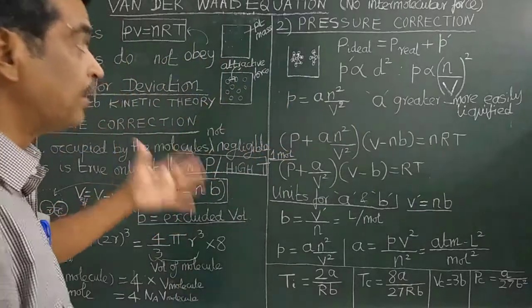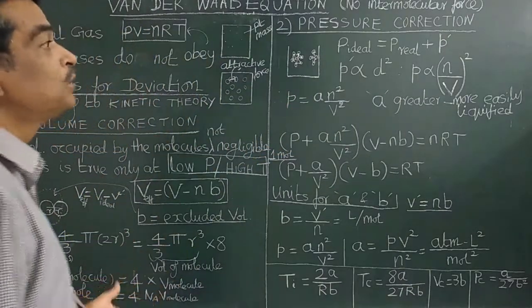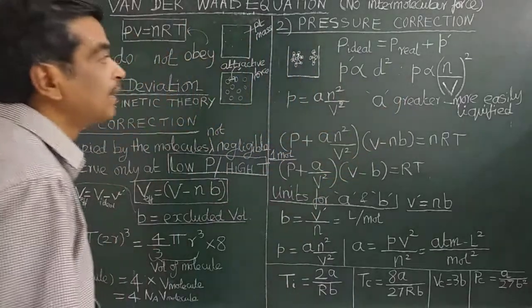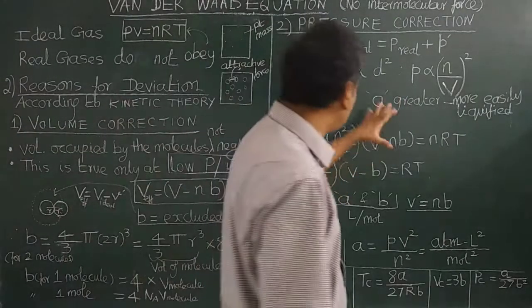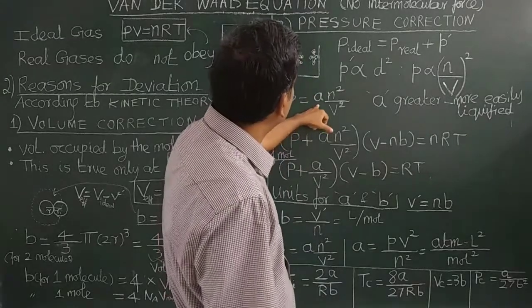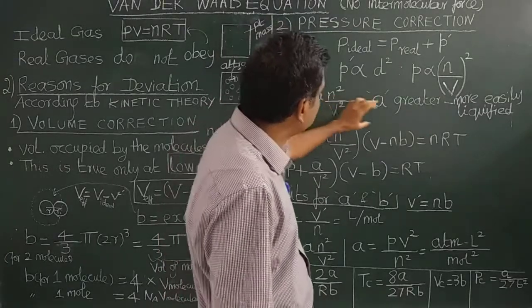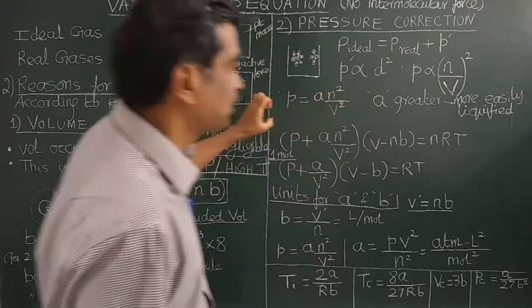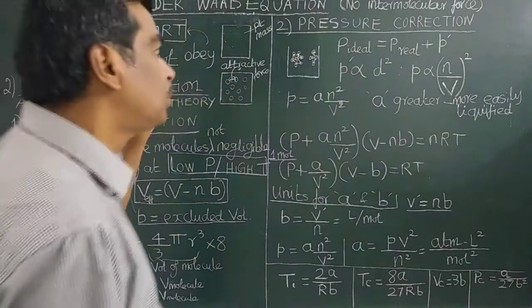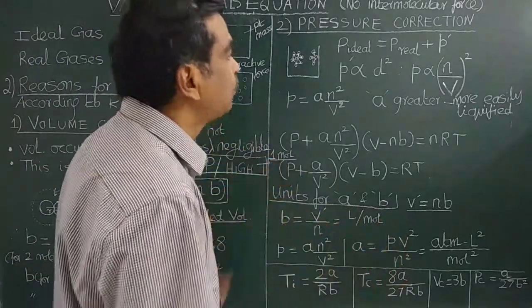They will give a values for different gases: which one is more easily liquefied? If the a value is greater, there will be more attractive force. P prime is directly proportional to a, where a is called cohesive pressure, due to intermolecular attractive force.